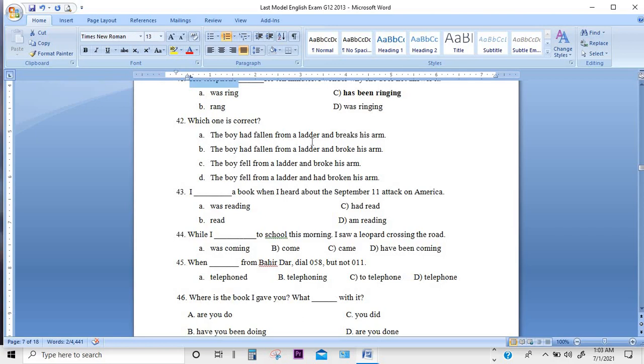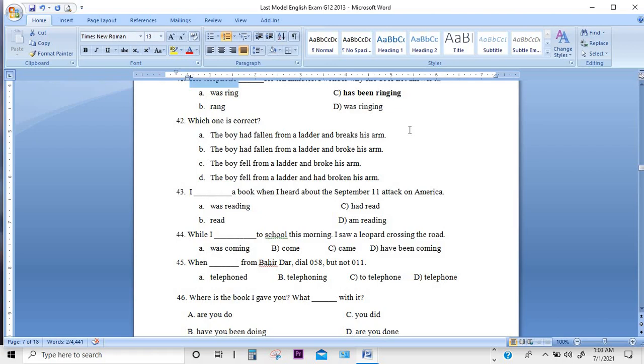The boy had fallen from a ladder and breaks his arm. ሎጂክም ሌላው ነገር ነው። ኦኬ ሴንተንስ ላይ ሎጂክ ፍሎ የአይዲያው ፍሎ ራሱ ሌላ የምንመዝንበት ሴንተንስ ትክክል ነው አይደለም ብለን ለመመዘን የምንጠቀምበት ነው። ምክንያቱም in our discussion of sentence structure, if you remember, every sentence in English should consist of subject and verb, at least these two elements.